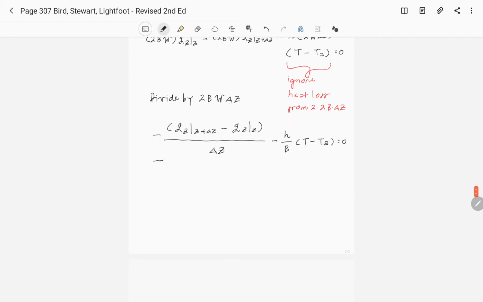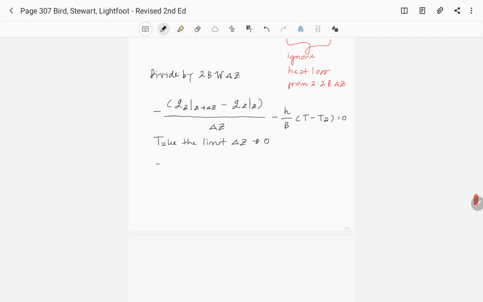And then we take the limit delta z approaching 0. Okay, then we will have minus dQz over dz equal to H over B multiplied by T minus TA.